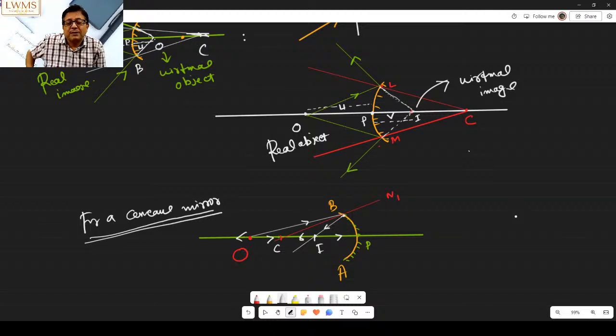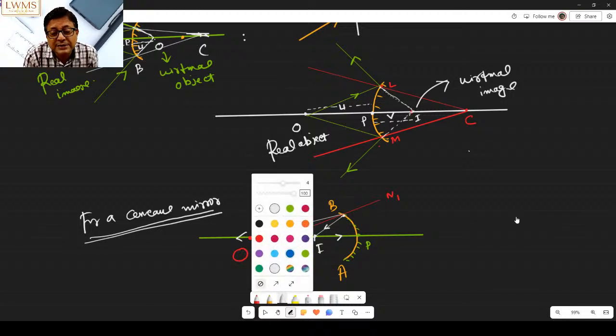So this is the image. But some people will say that you said only two rays should be taken. If you take two rays, it looks fine. Then you have confirmed where it is going to be formed, and the diagram will be more prominent like the previous one. So what to do for it?